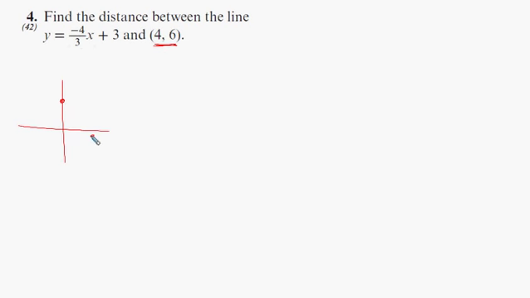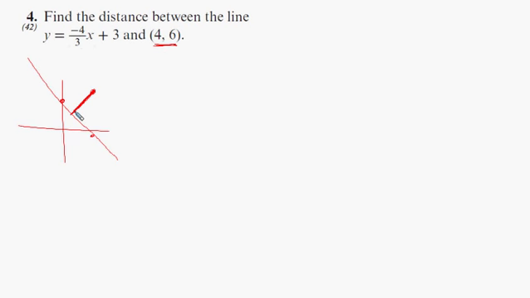So we've got this general idea going on here with this line. And then we have the point (4, 6), which is going to be out here somewhere, right? So what we want to know is, what is this distance right here? It's this kind of heavy red line.